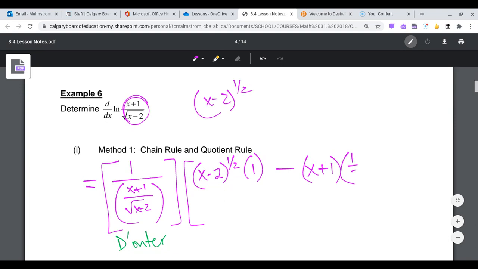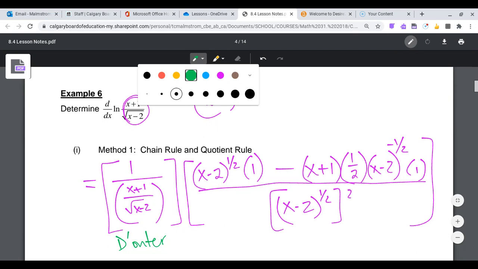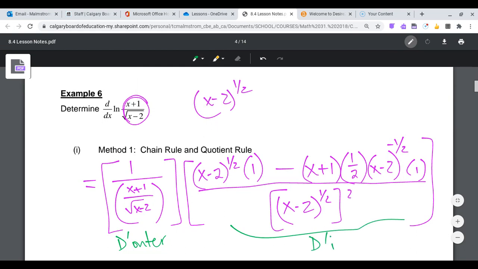So we're going to put the half in the front, x minus 2 reduced by 1, and follow up with the derivative of the inside, which is just 1. Whew, that's ugly. Draw a line, and down below, square it shall go. So here it goes. And now the calculus part is done. There's your d inner. It's quite a hefty derivative.